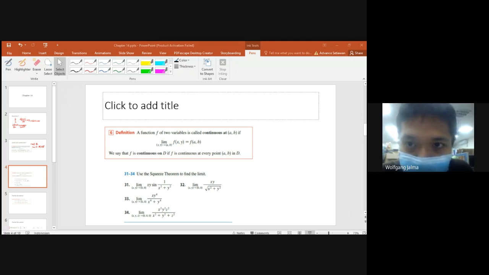So, for example, this is our normal xy plane, and here it is x, y, and z. So it is a function. Z is a function of x and y.